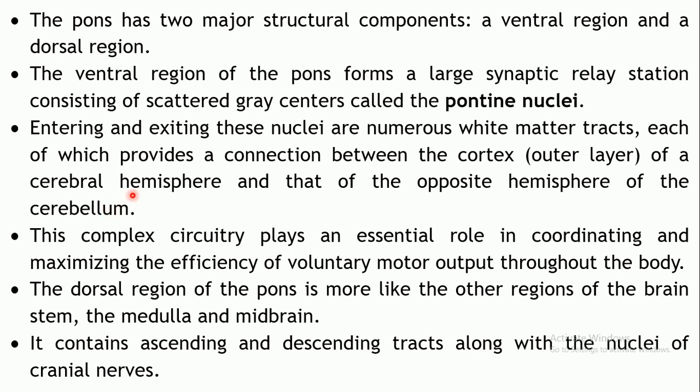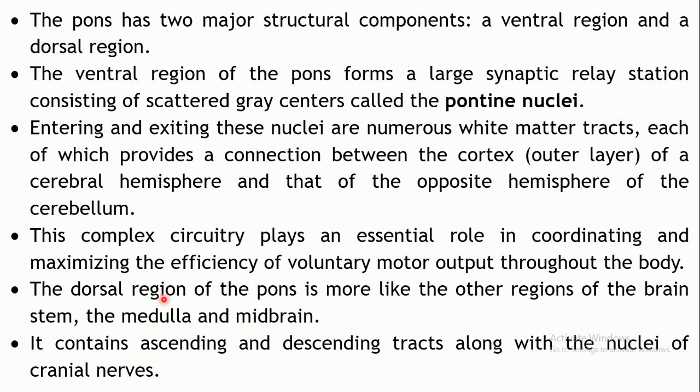So the cerebral hemisphere, which is a part of the cerebrum, is connected with the cerebellum through these pontine nuclei. The connections will be relayed in these particular areas. So this will help in coordinating and maximizing the efficiency of the voluntary motor movements throughout the body, in coordination with the cerebrum and the cerebellum.